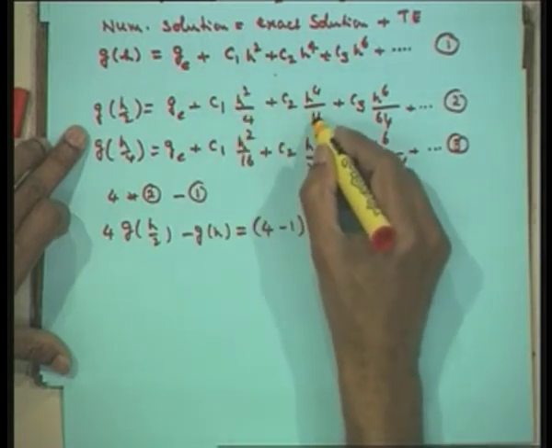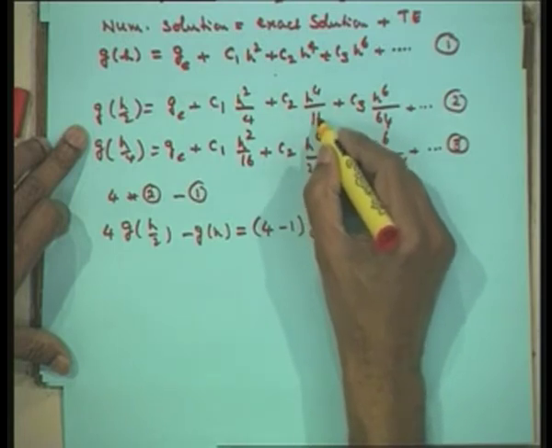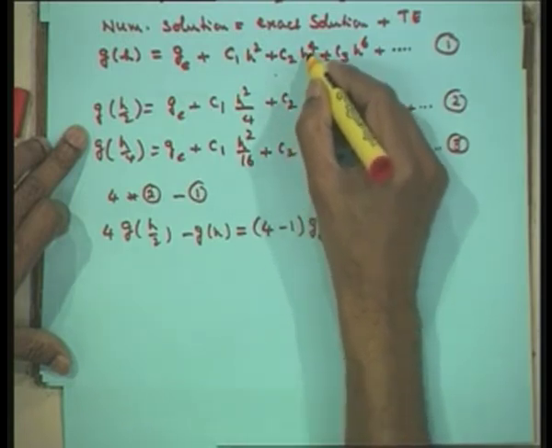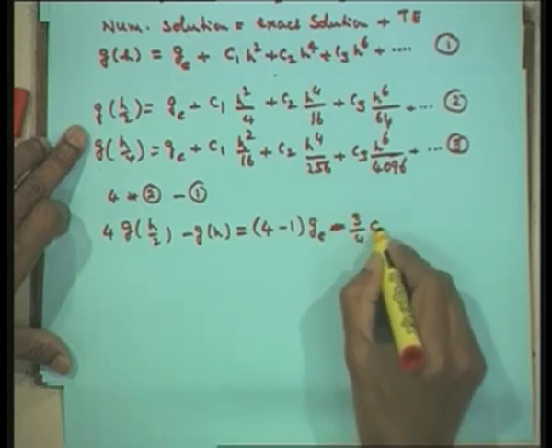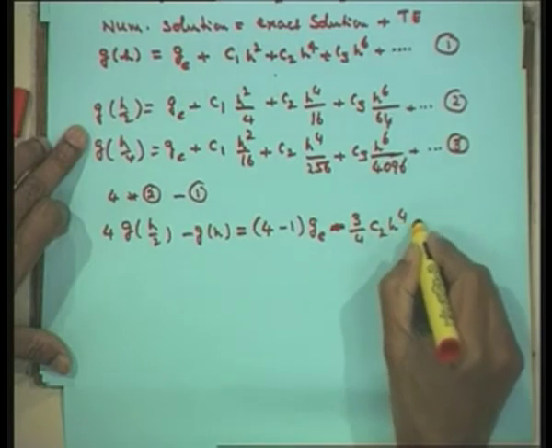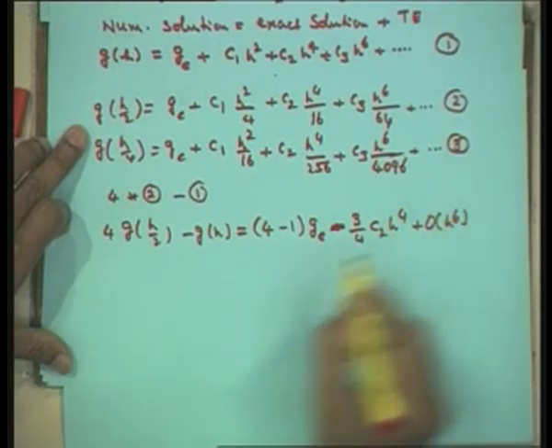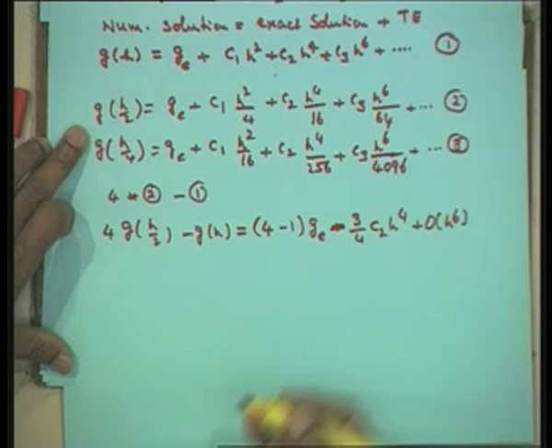Now, I multiplied this by 4, therefore, this is 1 by 4 minus 1. So, I will get minus 3 by 4 c2 h^4 plus order of h^6. So, let us write for the moment order of h^6.